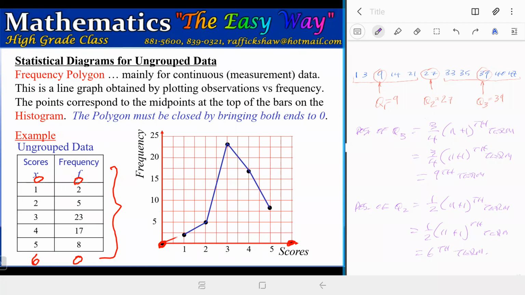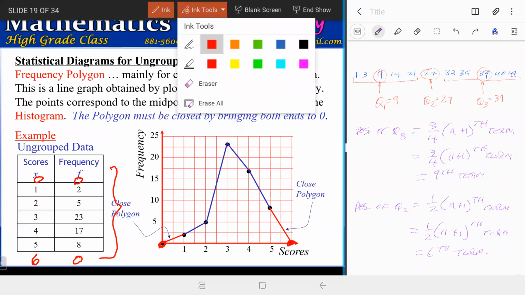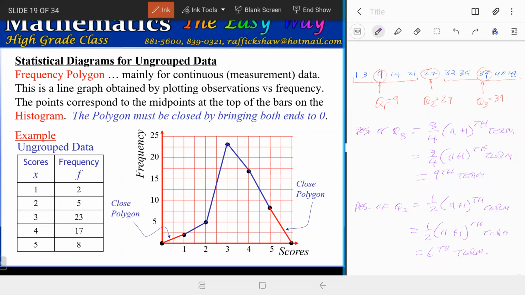And then once you put them in, you join the ends. You join the first one there, you close the polygon at that end. And then you do the next end as well, and close the polygon over there. And then that's the frequency polygon.